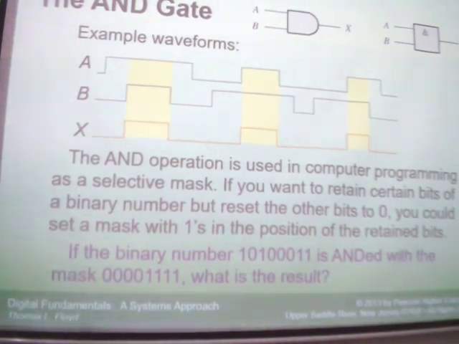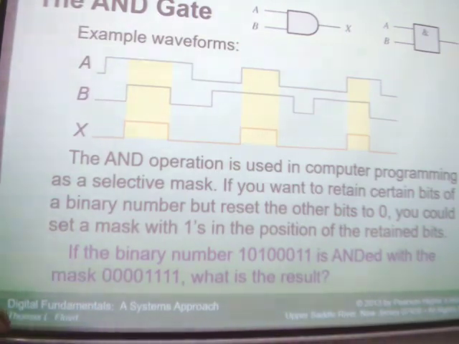The AND operation is used in computer programming as a selective mask. If you want to retain the 4 bits of a binary number, but reset the other bits to 0, you could set a mask with 1 in the position of the retained bits.